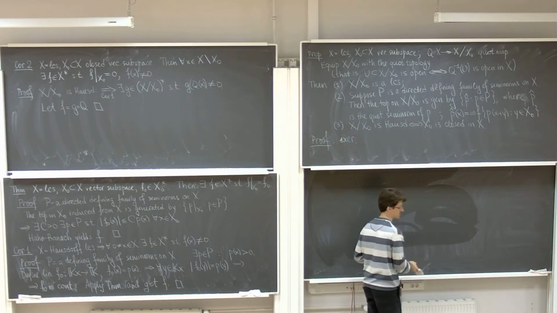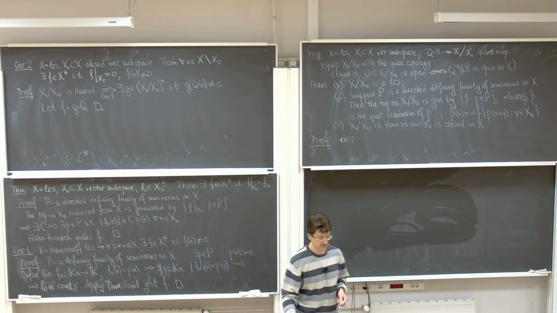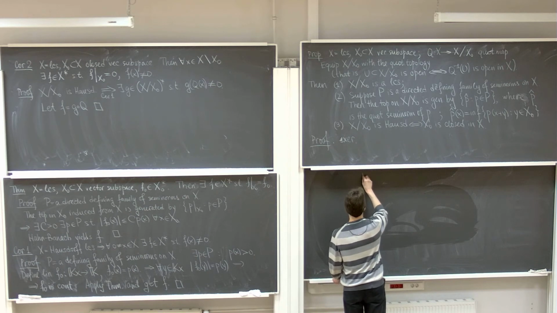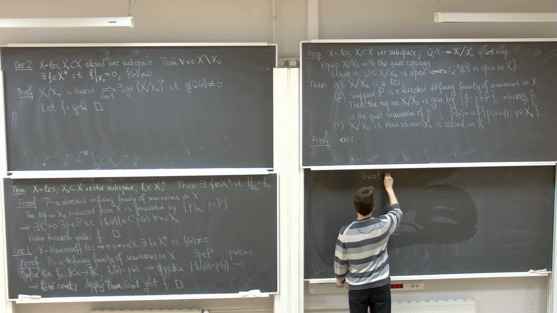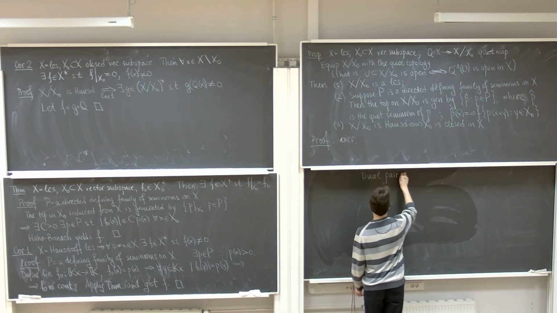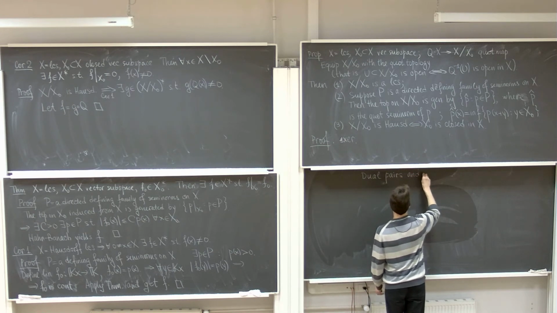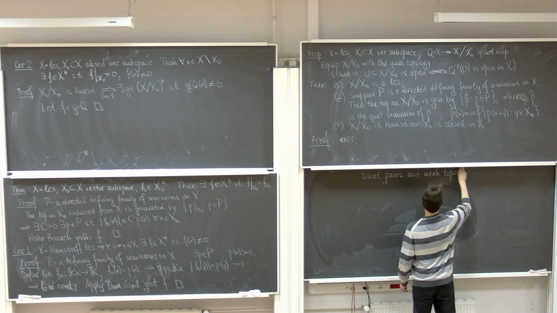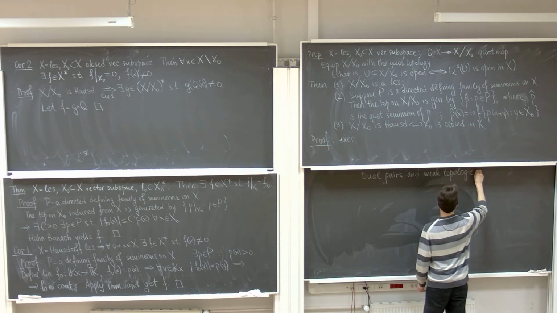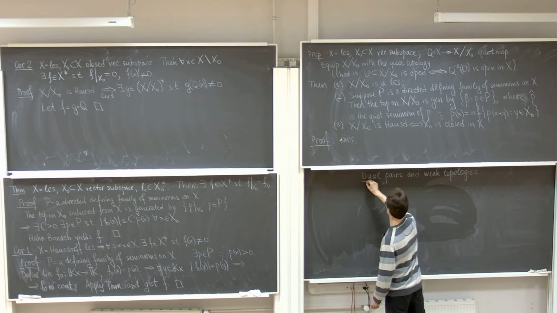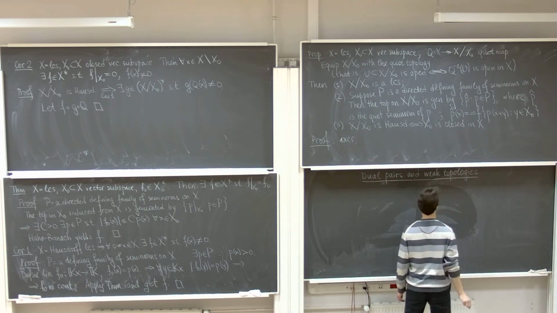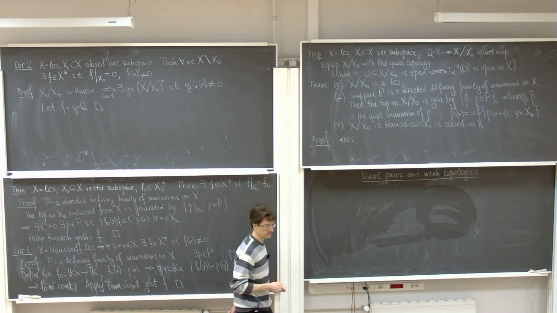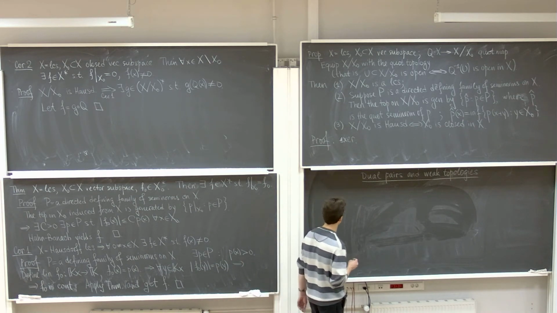The central notions of this theory, of the duality theory, are dual pairs and weak topologies. So we start with the following purely algebraic definition.